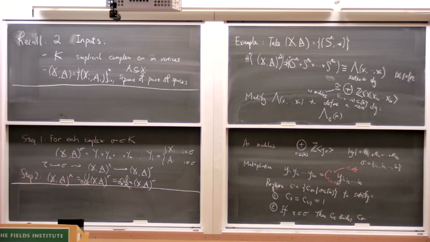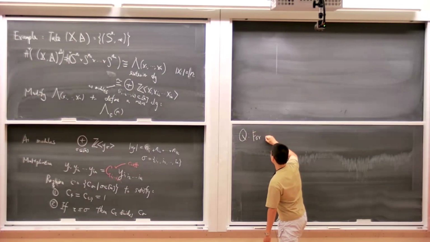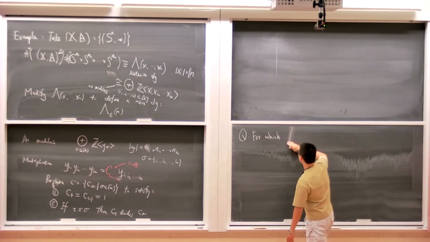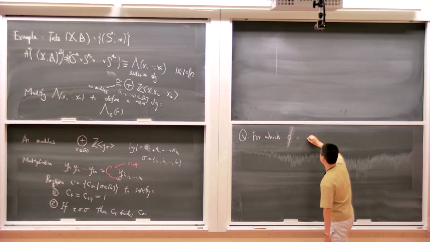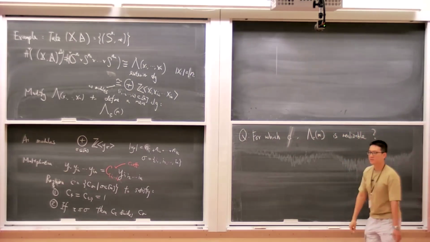So the motivation of our project is to explore the following question. For which collections C is the corresponding algebra lambda C M realizable?